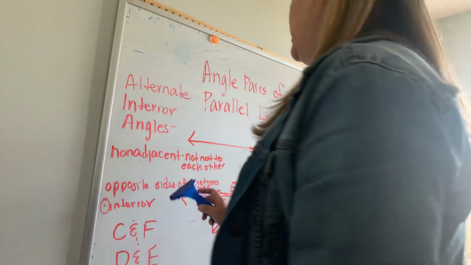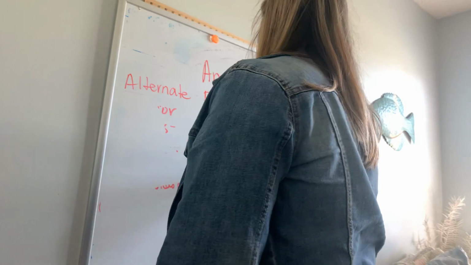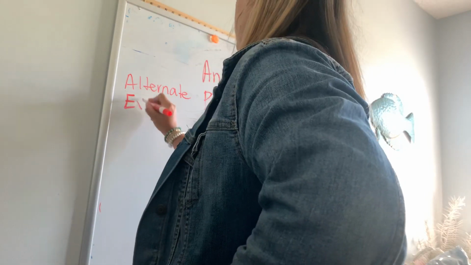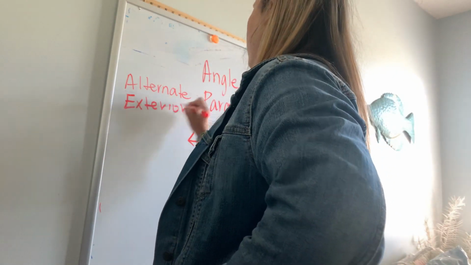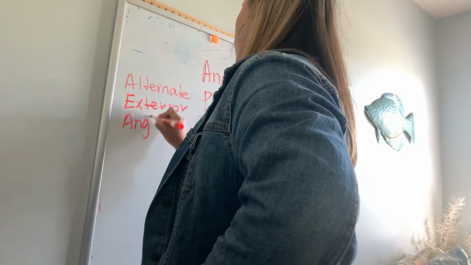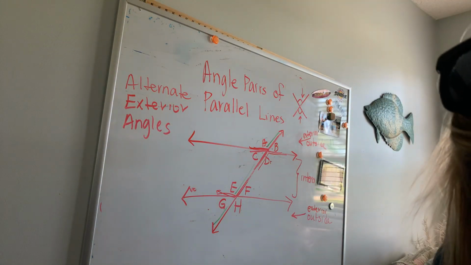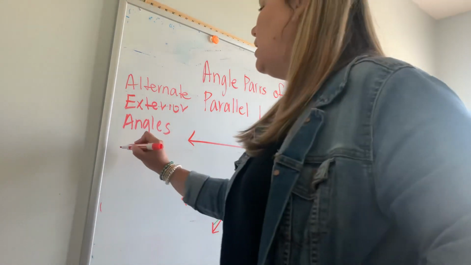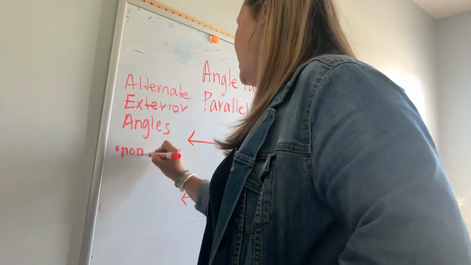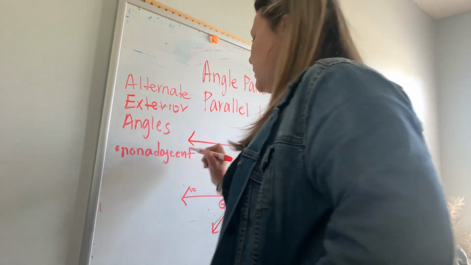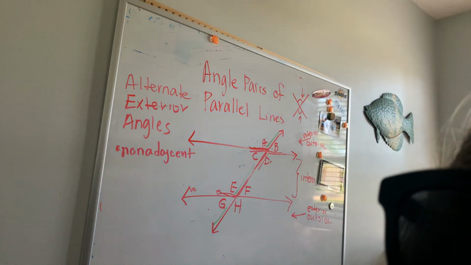And then the last one is alternate exterior angles. It's the same as the interior, except they're going to be outside angles. So it's a pair of, again, non-adjacent, which means not next to. I'm sure I'm going to spell that wrong. Good thing I'm a math teacher, not a spelling teacher.